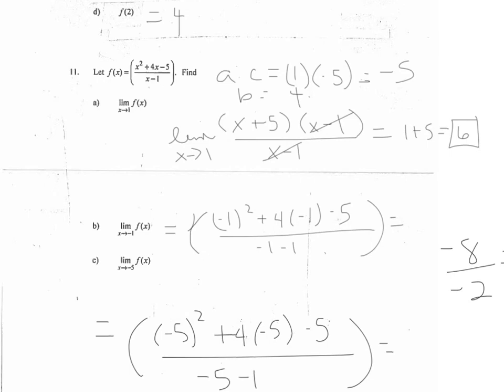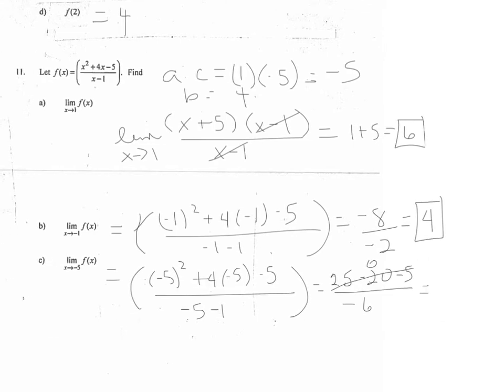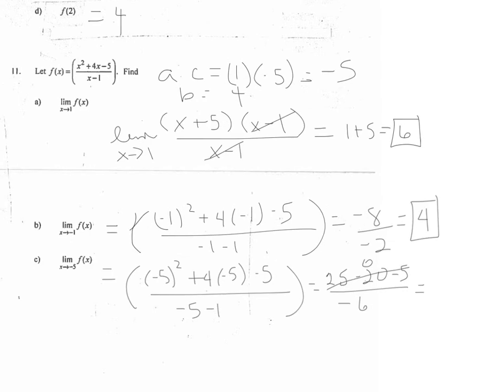When I square -5, that's a +25. 4 times -5 is a -20. And then I have a -5. What's that numerator? 0. And 0 divided by some number that's not 0 is what? What's my answer? What's 0 over negative 6? 0.